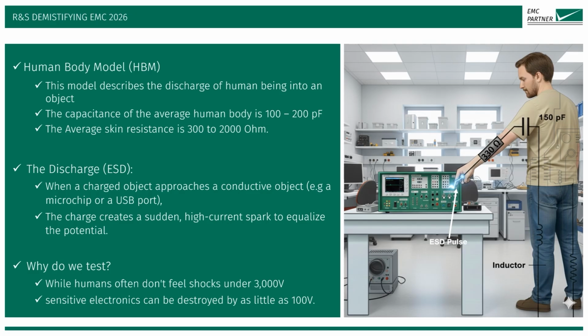When a charged person touches a conductive object, for example, a USB connector, the charge is released in a very fast current pulse. Humans usually do not feel ESD below 3000 volts, but modern electronics can already be damaged at 100 volts or less. That's the reason why ESD immunity testing is absolutely critical and crucial.